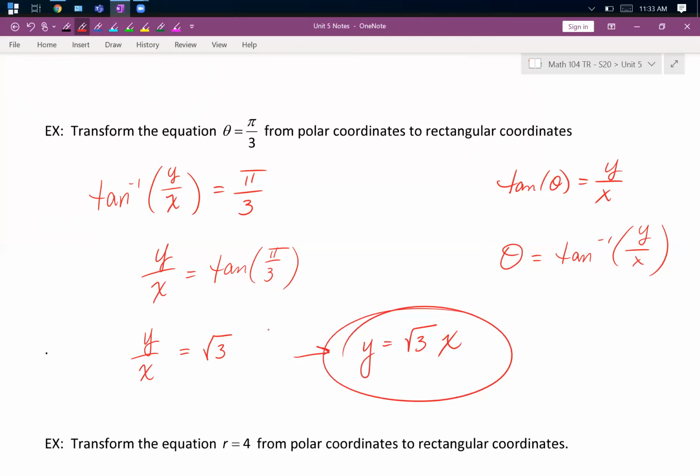A line. Yeah, that's just a line, right? Y to the first, x to the first. This is just linear. It happens to be a slope of square root of 3. Questions, anybody, before we go to our last one?